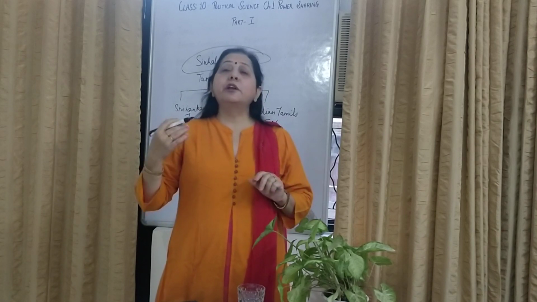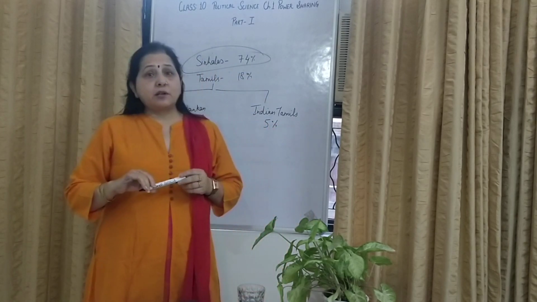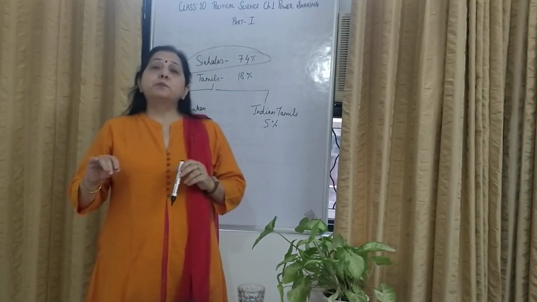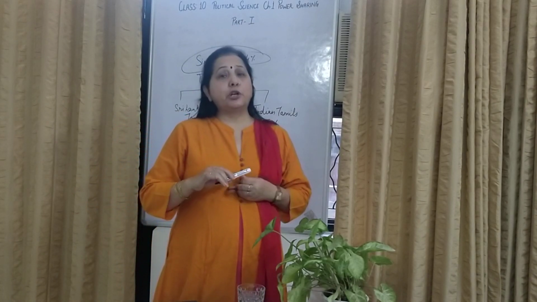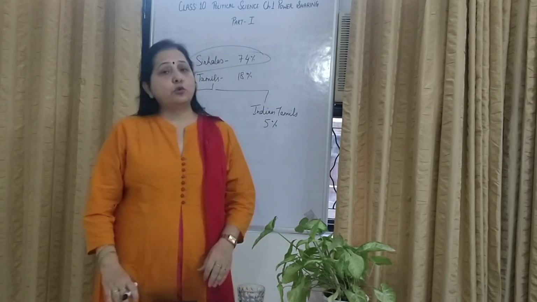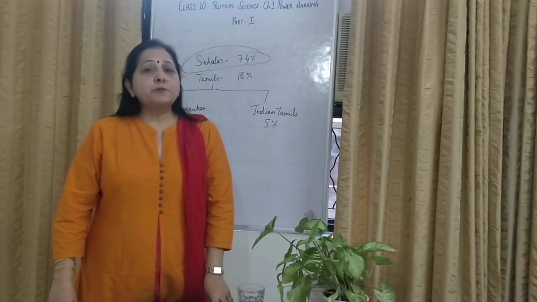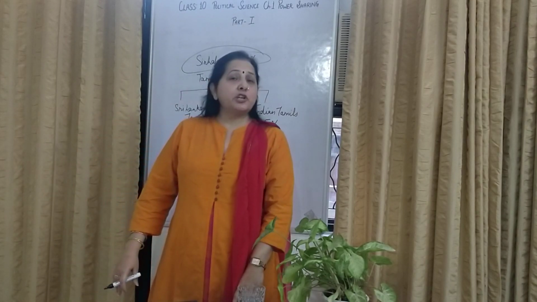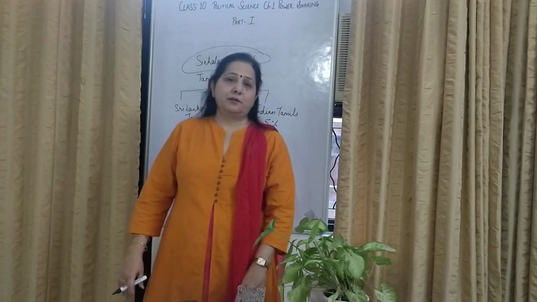So they create violence in the country, and Sri Lanka faces economic and social problems. So this is the first part of the chapter. In the second part, I will explain the power sharing arrangement of India and why power sharing is desirable. Thank you.